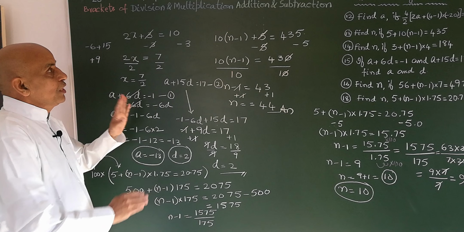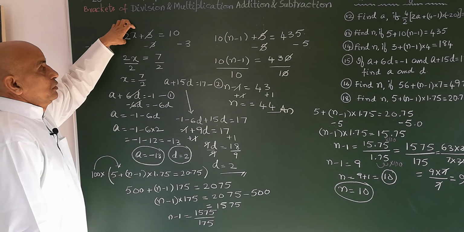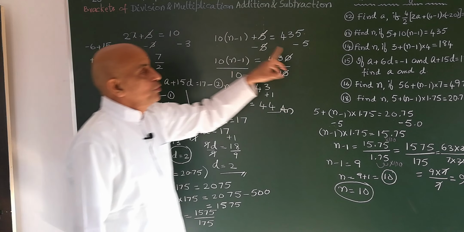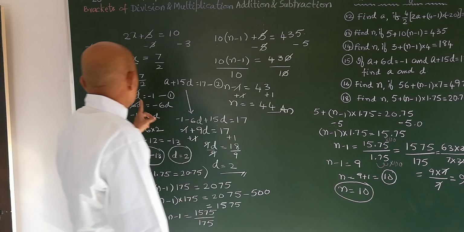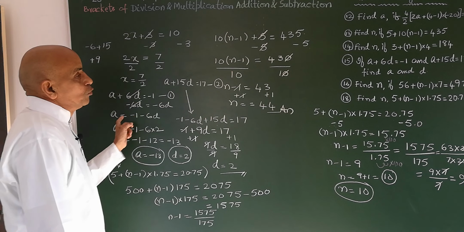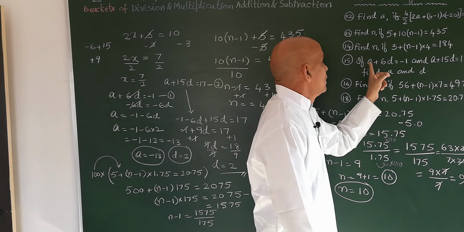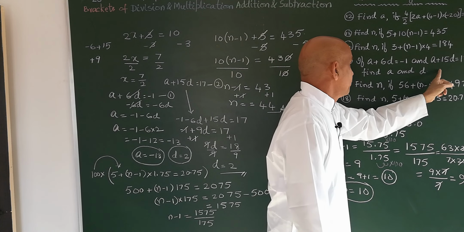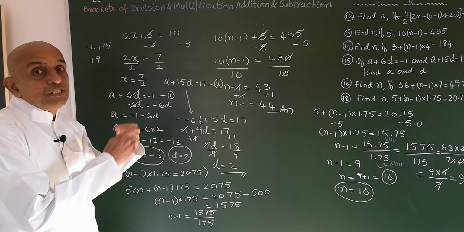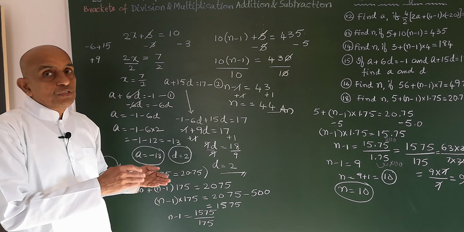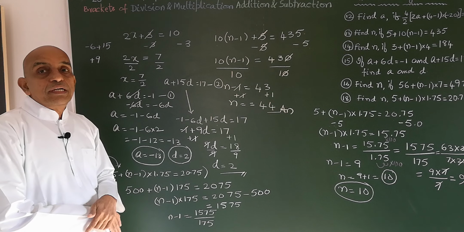Now we have seen simplifications with one unknown, only n we have to evaluate. There are problems with two unknowns, if you see a and d, two unknowns are there. Sometimes you may get a simplification with n square, quadratic. So in the next video session I will take up this.